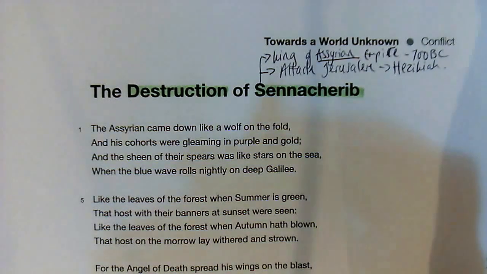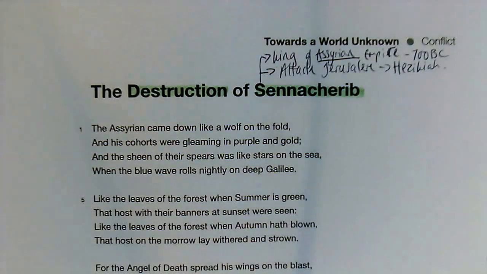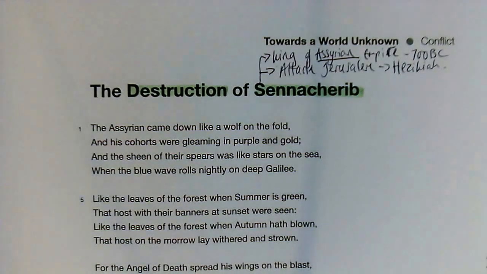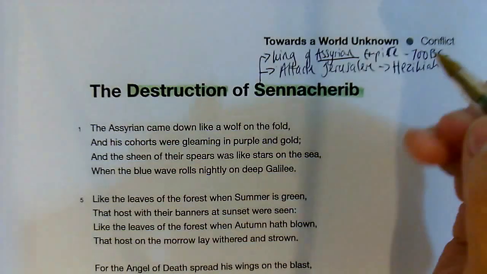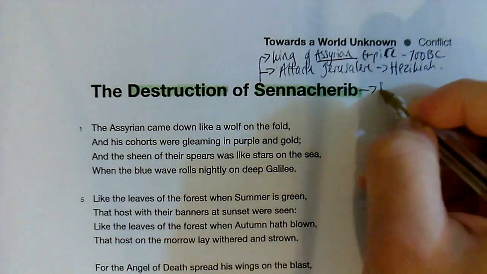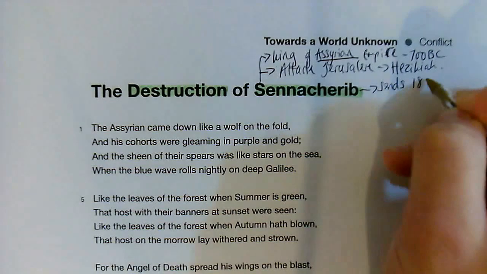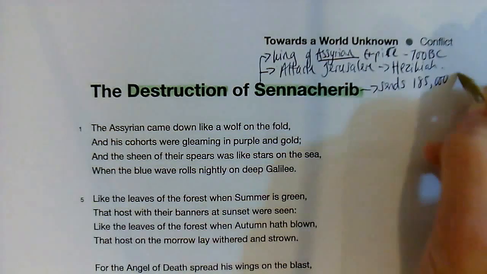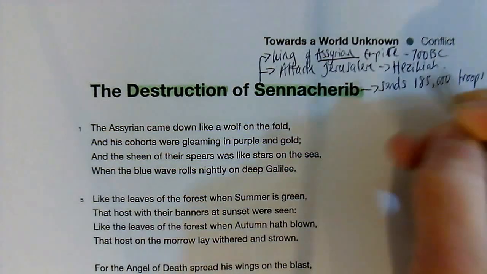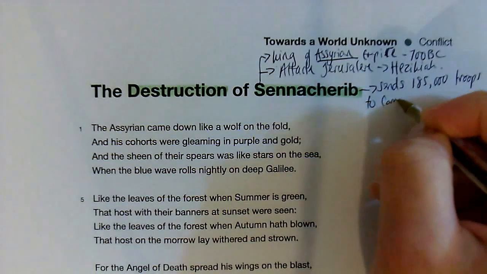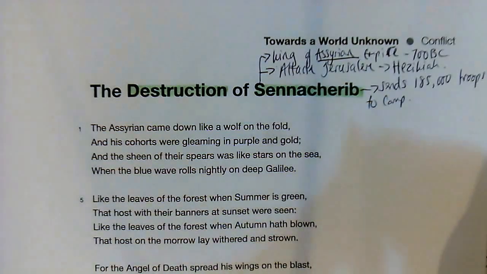He wants to pray to God to help the Jewish people retain their land, not get taken over by this man Sennacherib. And Sennacherib decides that he's going to send, I think it's something like 185,000 troops, soldiers, to camp just outside Jerusalem before they attack the next day.